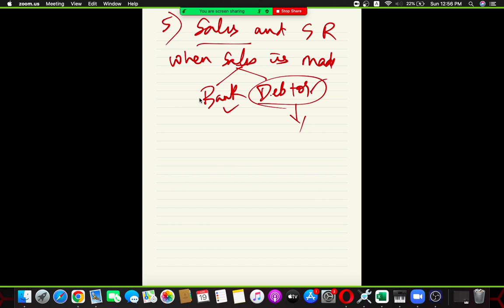Now, let's try to pass an entry when sales is made. Sales is finished goods, a real account. Debit what comes in, credit what goes out.